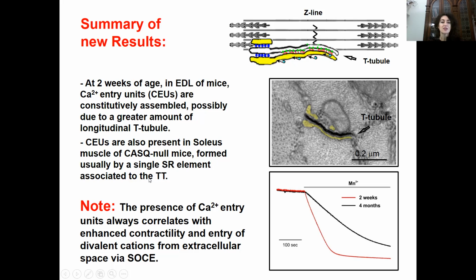From all the results I presented to you, we can conclude that the presence of calcium entry units always correlates with an enhanced contractility and entry of divalent cations from extracellular space via SOCE.